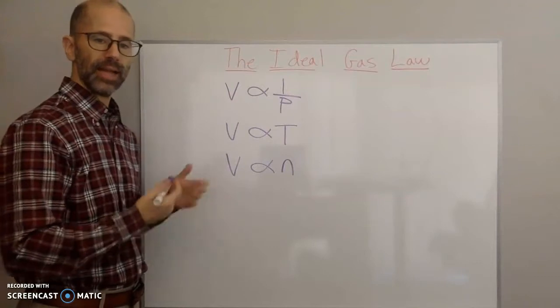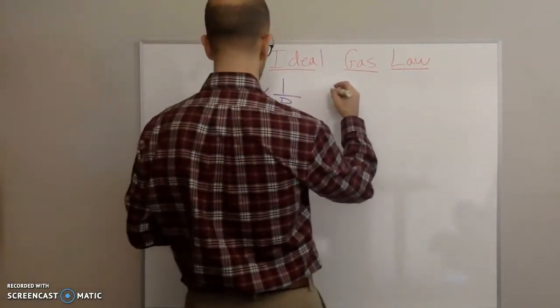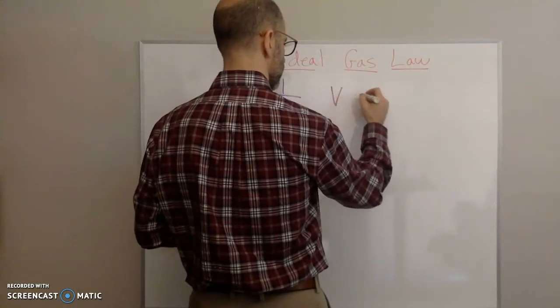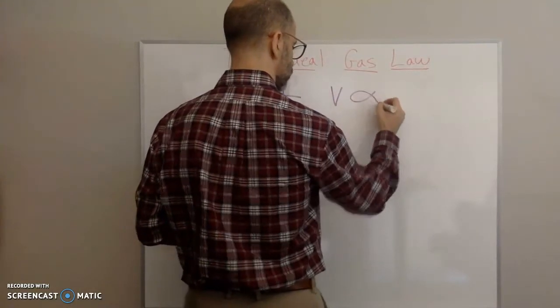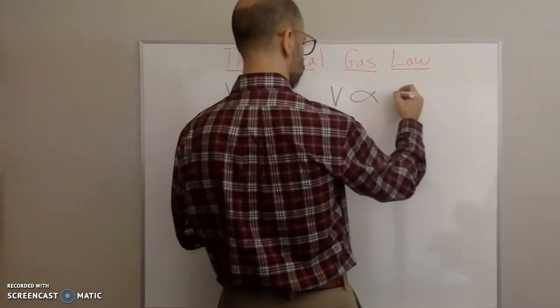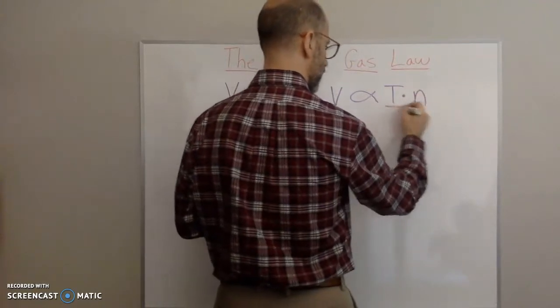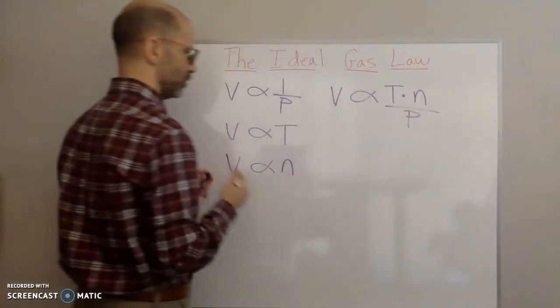In the combined gas law, we just combine those together, so volume is proportional to temperature times the amount of gas over pressure.